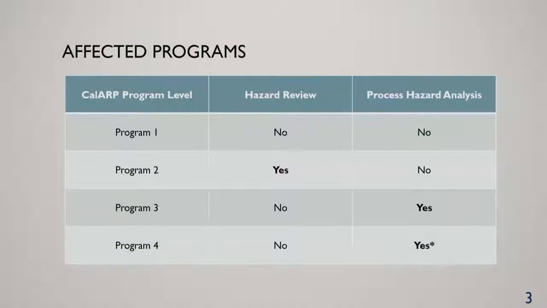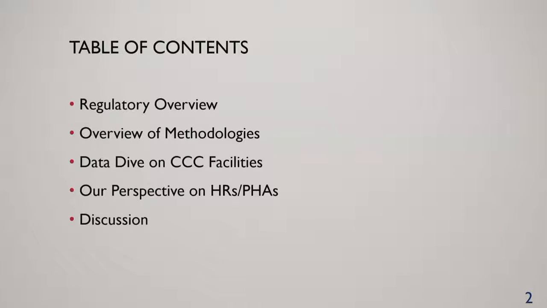So, quick start to what we're going to cover. I'm going to cover a couple things, starting with the regulations, looking at what the wording is, what the language includes, and looking at the requirements from that section. Then we're going to cover a couple of the methodologies that we commonly see in Contra Costa County, and then do a little bit of a deep dive into what kind of deficiencies we see, what our facilities have faced in terms of challenges in implementing a PHA or hazard review program.